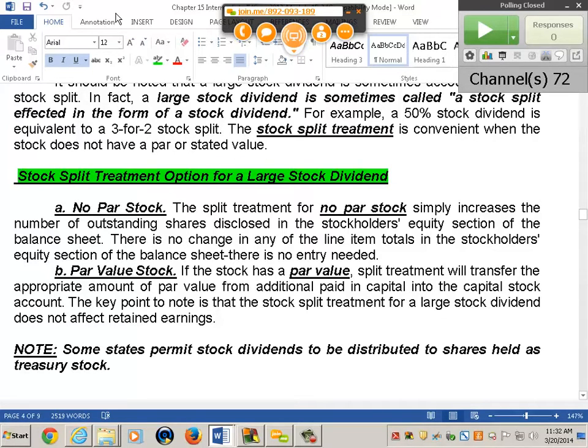So when you see this term, stock split treatment, it does not reduce retained earnings. That's the key. It either only affects your disclosures or comes out of paid-in capital.